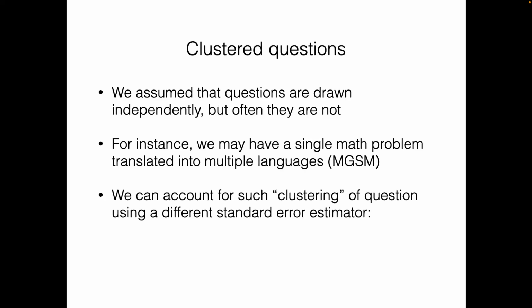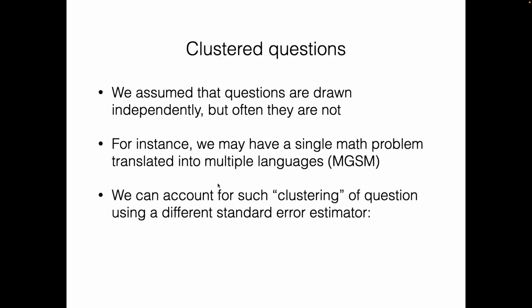But sometimes, like in the case of this MGSM, the questions are clearly not independent, in the sense that we might literally have the same math problem translated into multiple languages. And so suppose there's a question that's really easy and it appears like 16 times in the data set. Then you would expect that maybe both models will get all 16 of those correct.